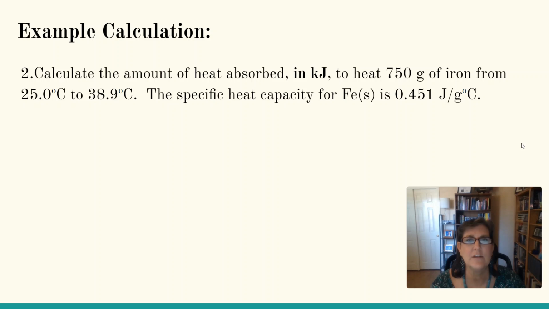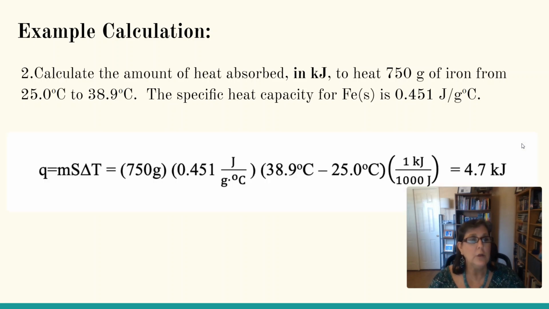And we're back. Let's look at our solution. Q equals ms delta T. Mass is 750 grams. S, specific heat capacity for iron, is 0.451 joules per gram degree Celsius.